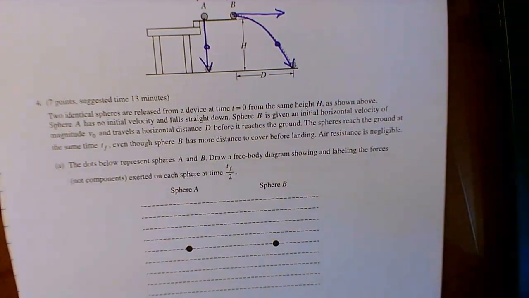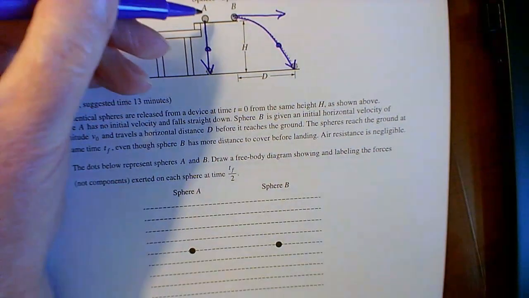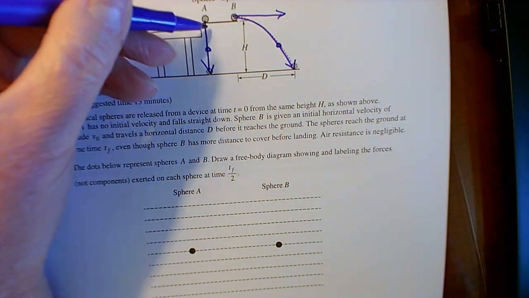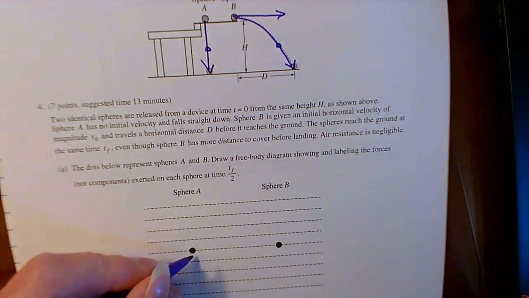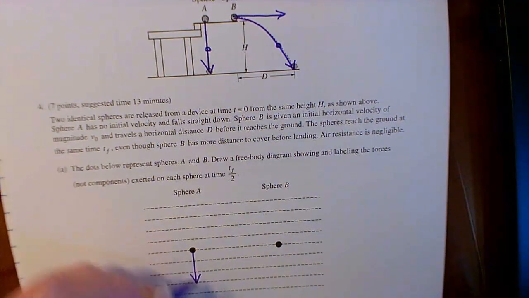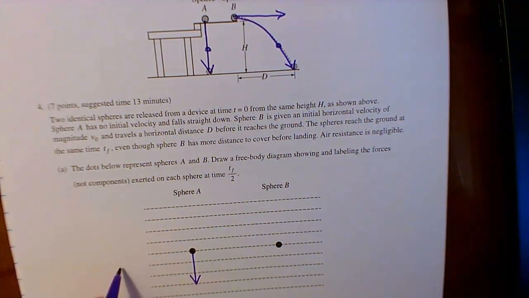diagram. A free body diagram means a picture that has all of the forces acting on the object and labeling the forces. So let's talk about the one that is dropped down. The only force acting on that is gravity. So I'm going to draw an arrow, and I'm going to call that FW.